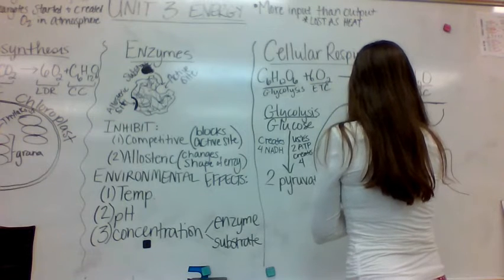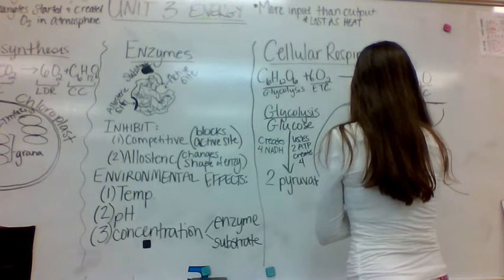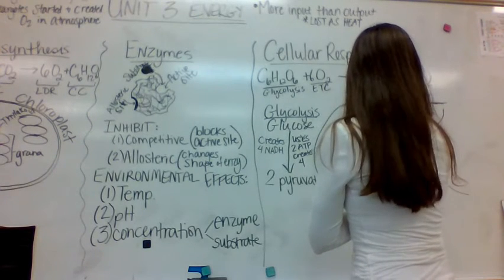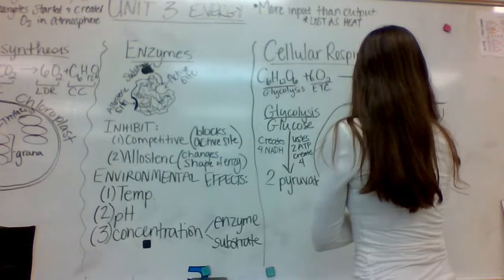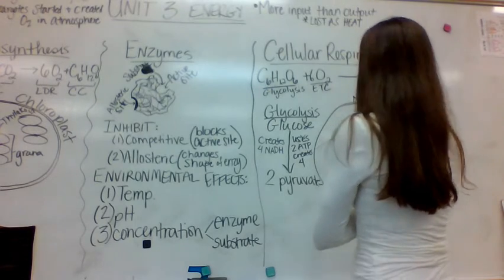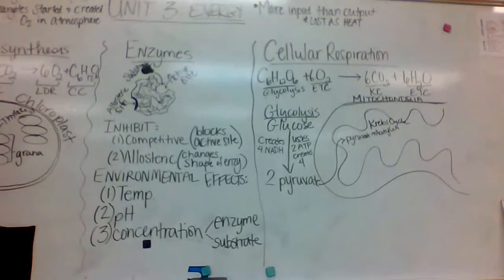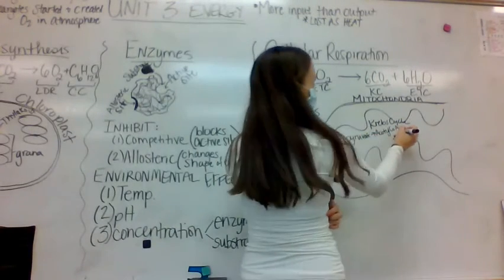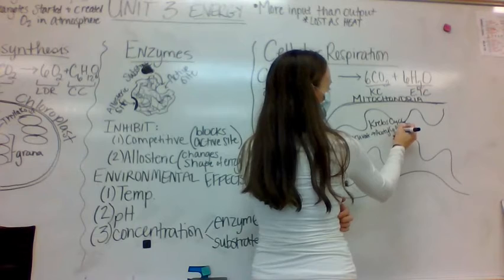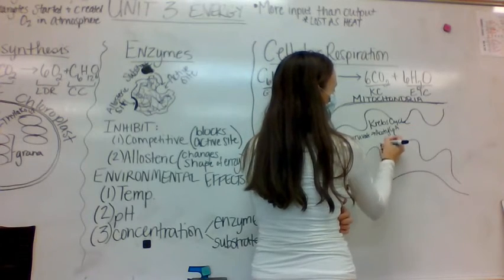I hate these words, they're way too long. Okay, which is going to feed the Krebs cycle, which is in the matrix of the mitochondria. If you don't know that, the matrix is that gooey area in the center. I'm going to turn acetyl-CoA into, I'm going to put it right into a cycle.